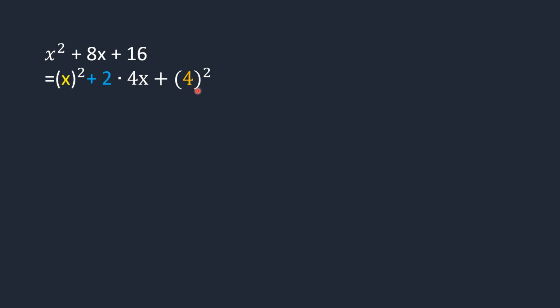Therefore, this expression becomes a perfect square expression like a squared plus 2ab plus b squared. See here, a squared plus 2ab plus b squared. Now we have seen how to find factors directly of a perfect squared expression.